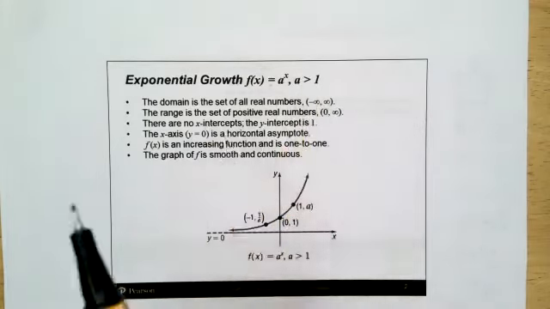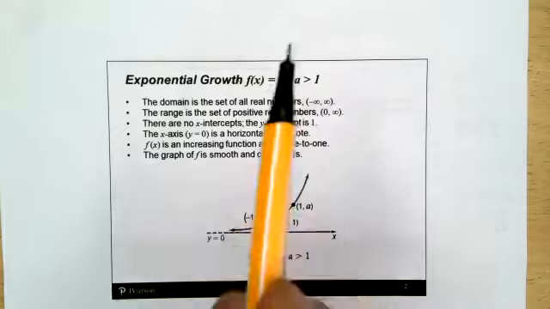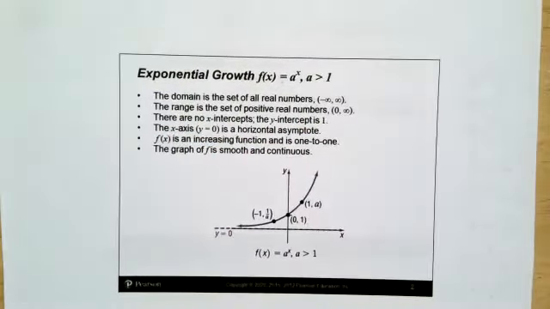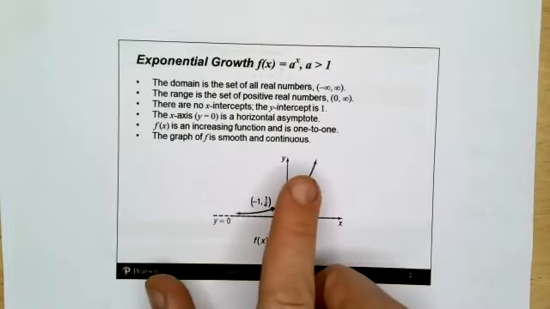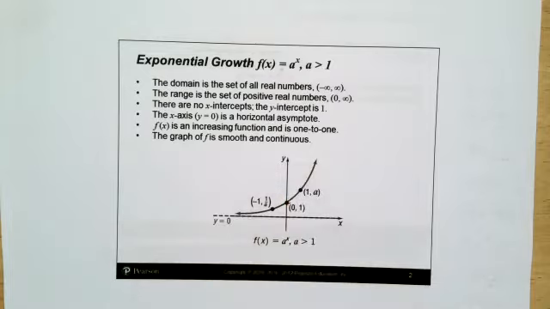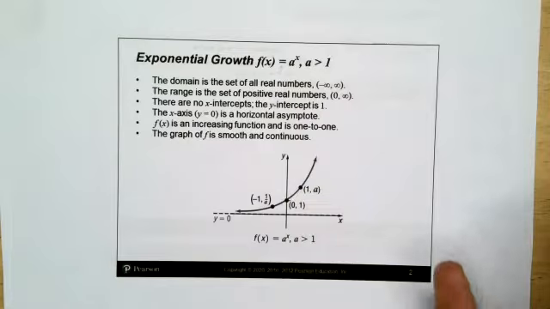If a is less than 1 but more than 0, it's exponential decay, and it's going down. If you look at your graph, you see it's going up from left to right. It is growing by a factor of a, your base. That's how fast it is growing. Each time that you increase x by a whole number, you multiply by a again.